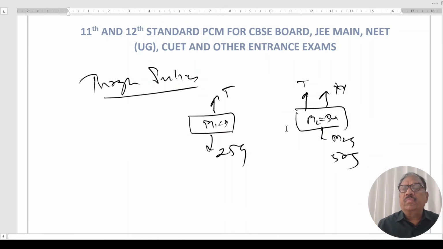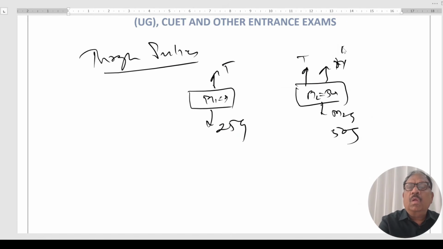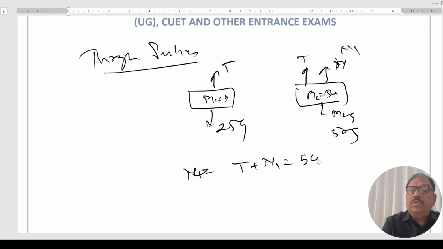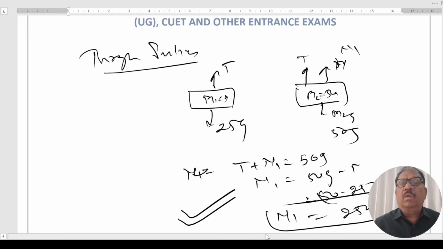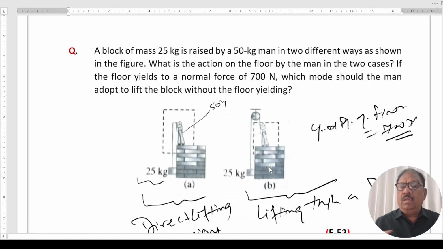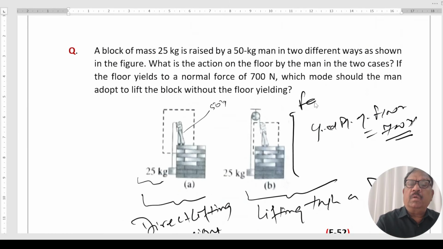In this case, T plus N1 will be equal to 50g. So N1 will be equal to 50g minus T. T is 25g. So 50 minus 25 into g, 10, that is 250 Newton. So this is favorable. So lifting through a pulley is favorable.